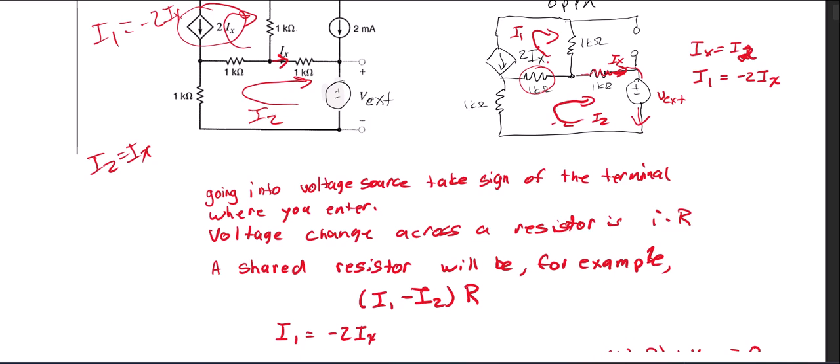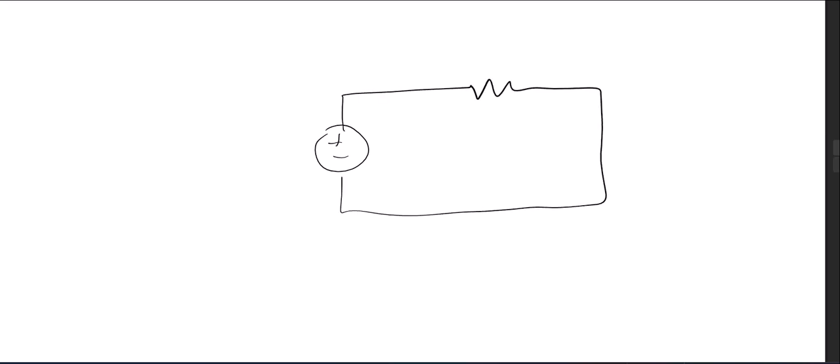But here is the deal. If I have any circuit, here's my voltage source, here's my resistor. What direction does the current go? The current goes that direction. The voltage is higher on this side and lower on this side, and the current travels from high to low, and then it gets to the voltage source, and the voltage source's job is to push the current across.